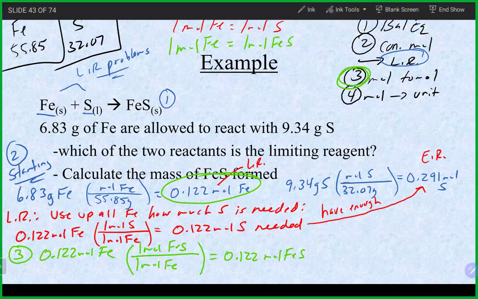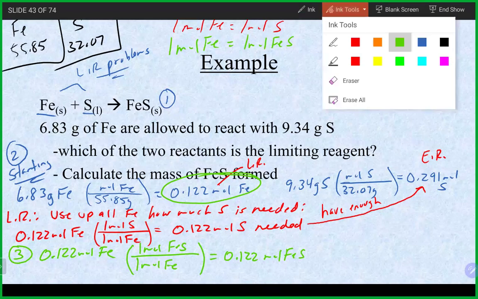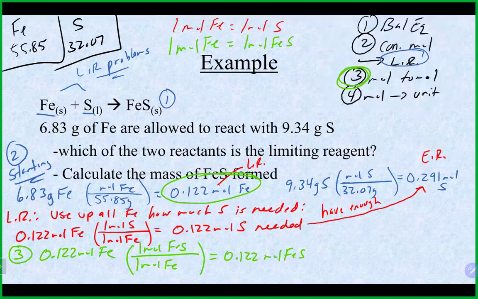Lastly, here we're looking for how many grams. So we will use the molar mass of these two. So we'll just add them together. And that will get us 55.85 plus 32.07, 87.92.